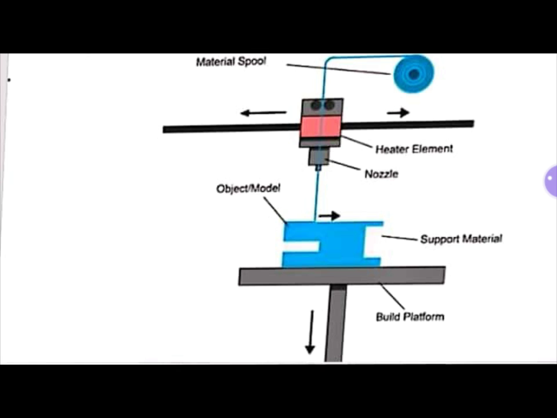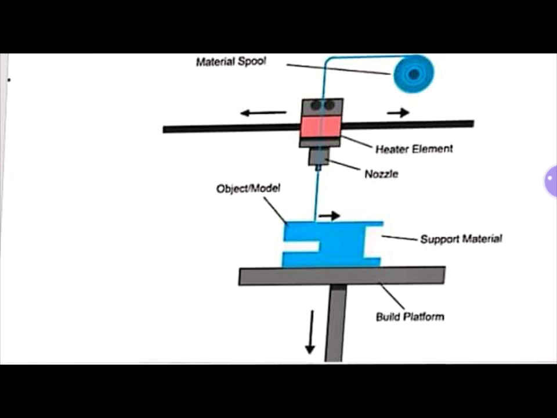So the two rollers are going to draw the solid material, and after drawing the solid material it is sent to the heating element, wherein the solid material is going to be converted from solid to the liquid phase.